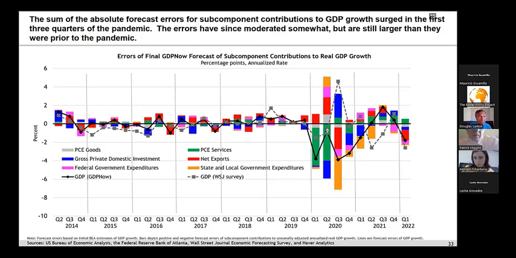So one way is to look at consumption, investment, like Patrick is suggesting, and final demand. The other way is to subtract stuff off, like this volatile net export component and so on.